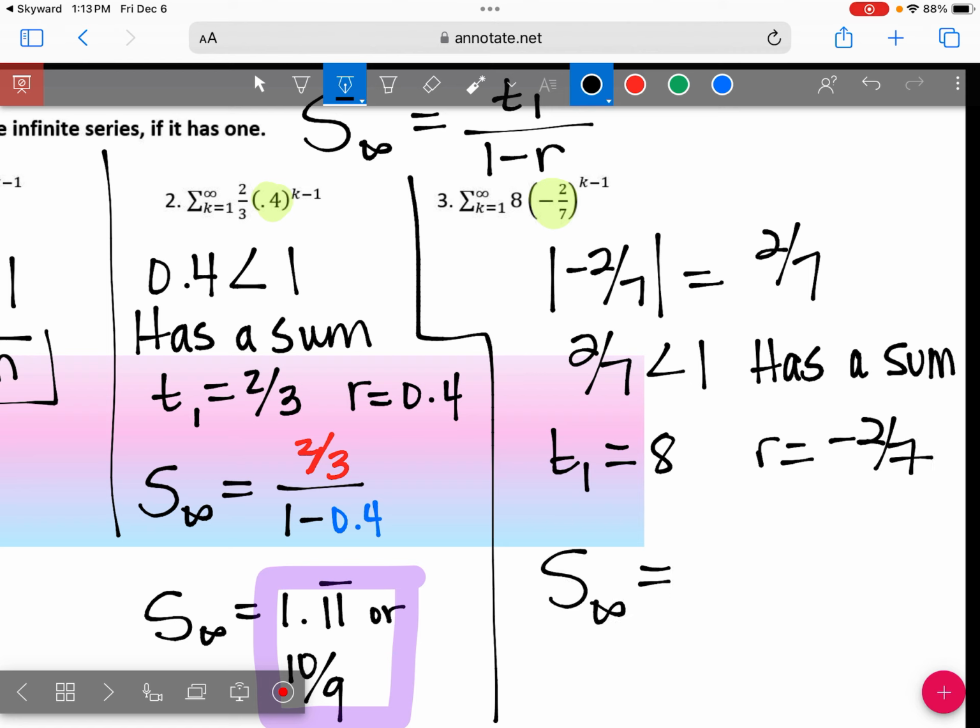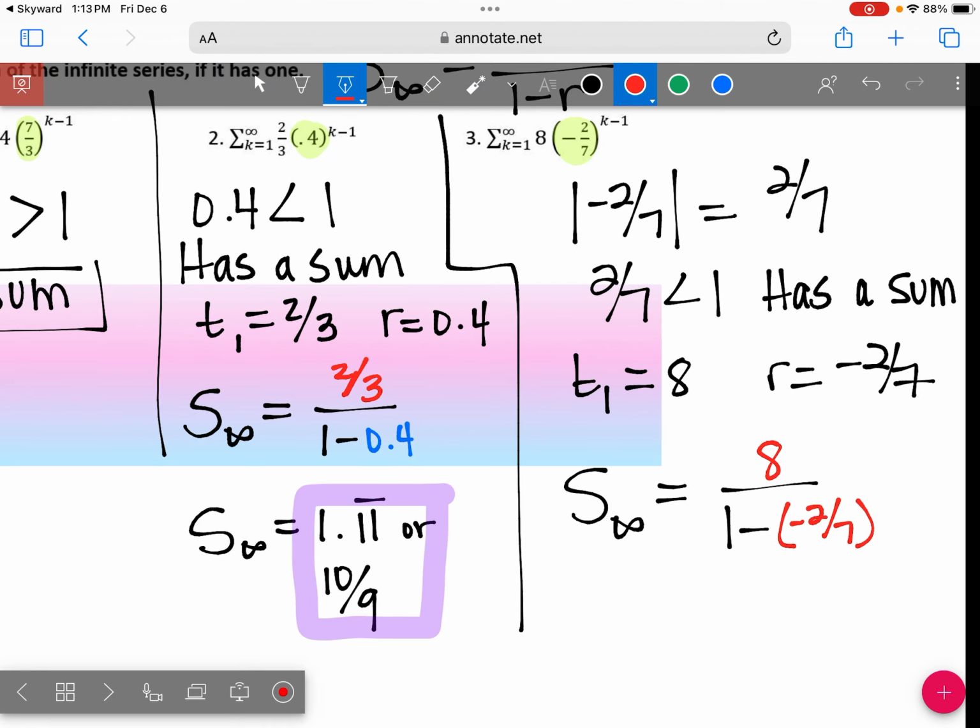So to find the sum of this infinite series, you're going to take 8 and divide that by 1 minus, and then I'm going to put negative 2 over 7 in parentheses. And that's what you're going to type in your calculator.